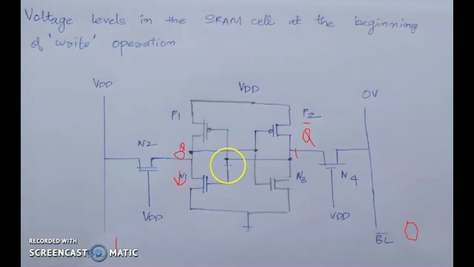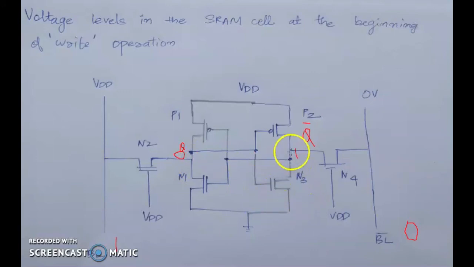Here you can see there is 1 over here and 0 here. In the earlier case, that is during read operation, I told that this transistor is stronger than this transistor. That means when discharge takes place, 0 will not bump in such a way that it turns on this transistor.